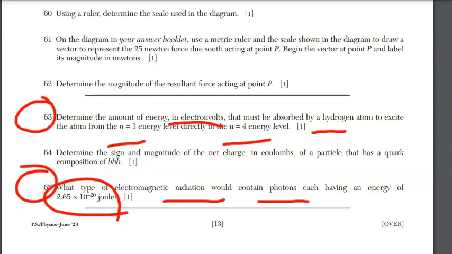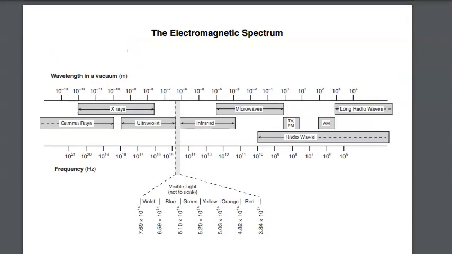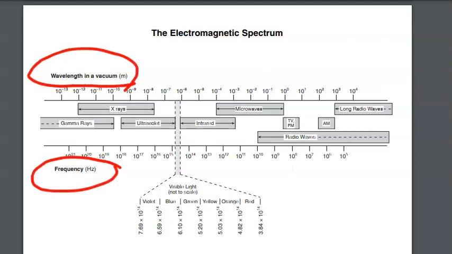So let's go back and take a look at what we need. Here is the electromagnetic spectrum. Depending on the energy that we have, the wavelengths are at the top and the frequencies at the bottom. And you'll notice as the wavelengths get larger, the frequencies get smaller, and vice versa.